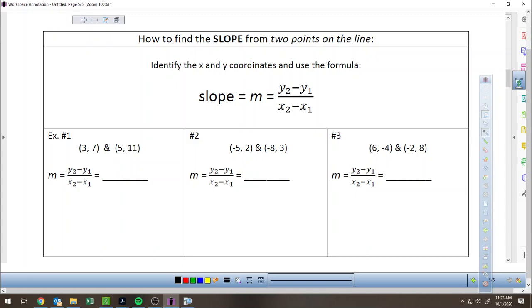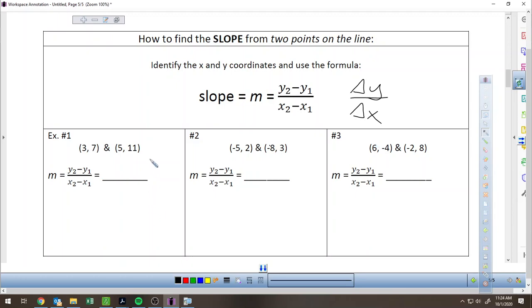Here's the deal. This is really no different than what we just did on the front of the page. This is still the difference in y's over the difference in x.